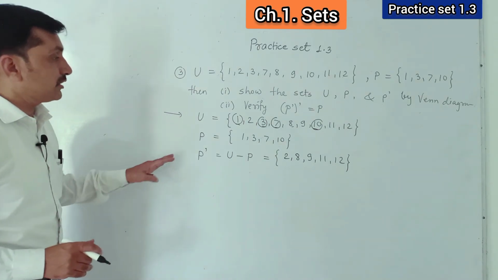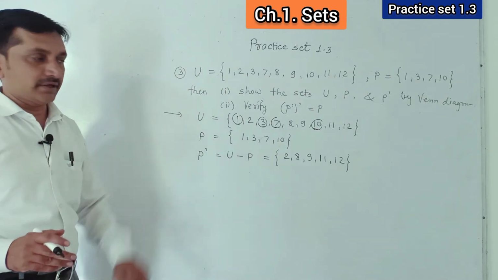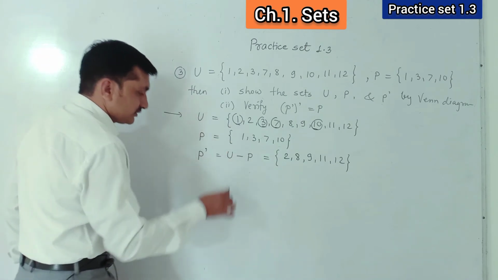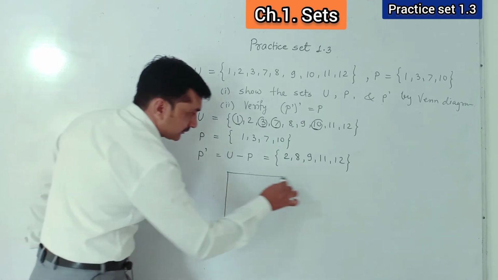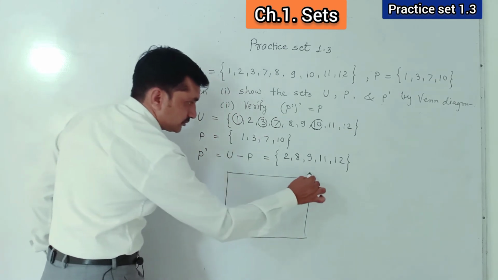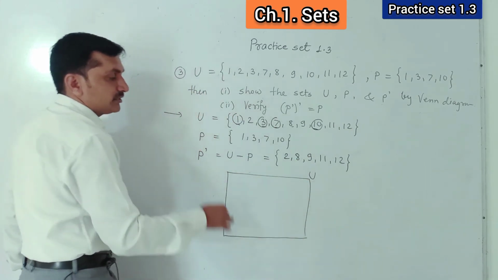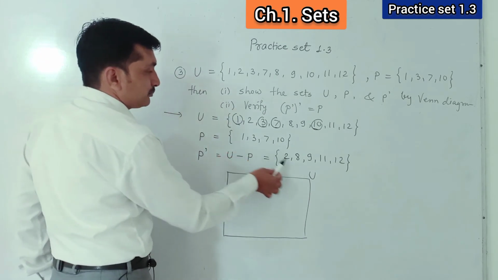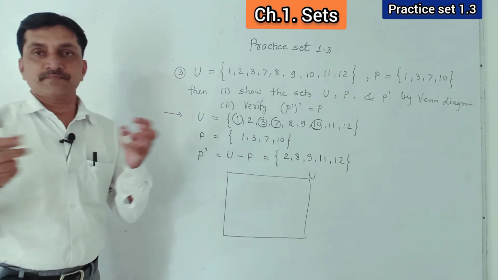Okay. And now we have to show this by Venn diagram. For the universal set, first take a rectangle. Here I write U. All will come in the rectangle. Now P and P complement are totally different.